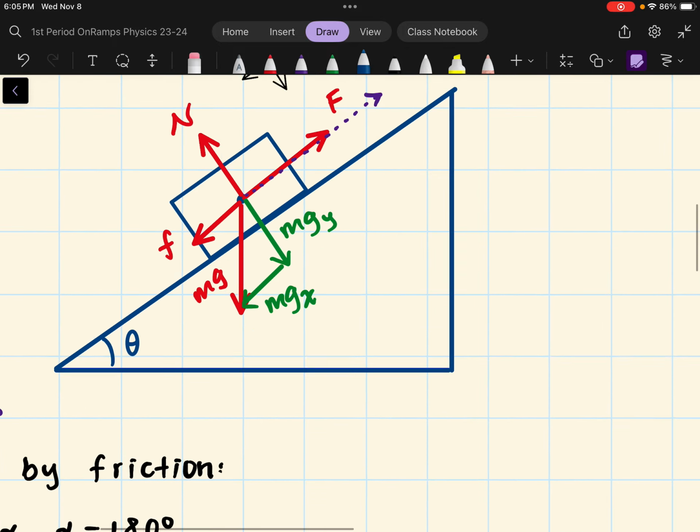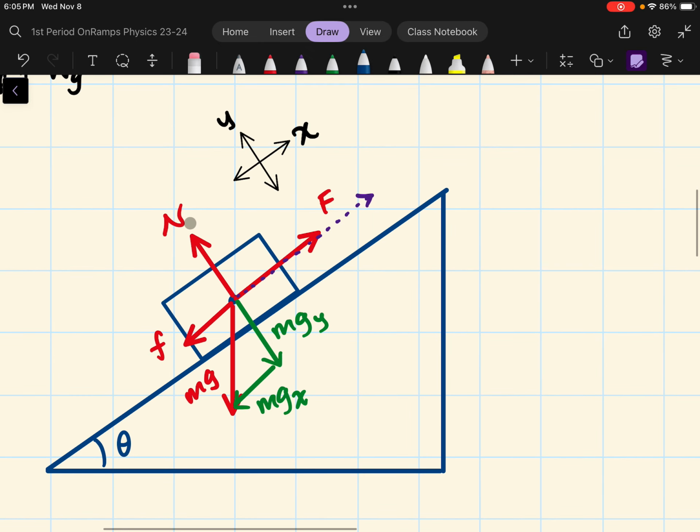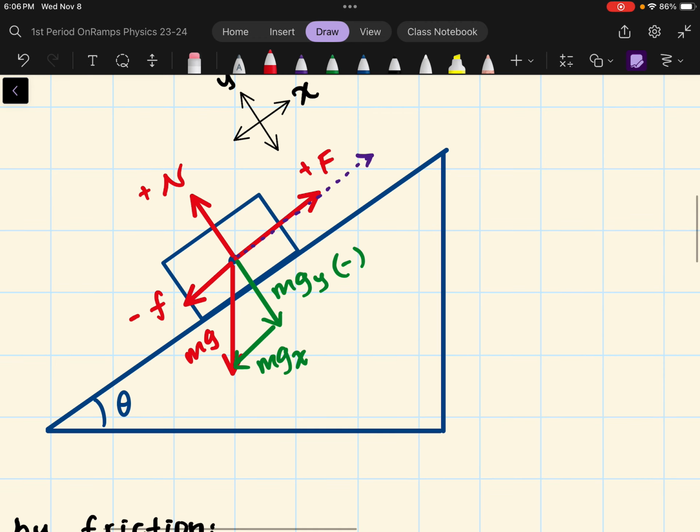So let's apply Newton's second law. Notice how normal force is acting along the y direction, and just as a formality, I'm going to make this positive, which means its pair, the y component of the weight, will be negative. And this is positive direction. This one we know should be negative.